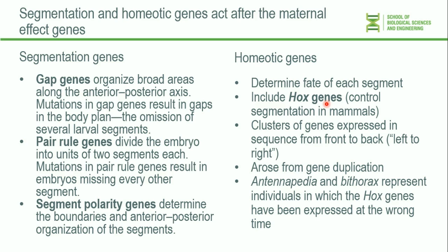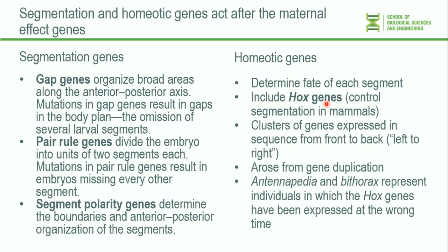And as we move from front to back of the animal on the chromosome in a linear direction, these Hox genes are turned on and turned off. Now, what happens if a Hox gene is turned on out of sequence? If it is turned on at the wrong time.